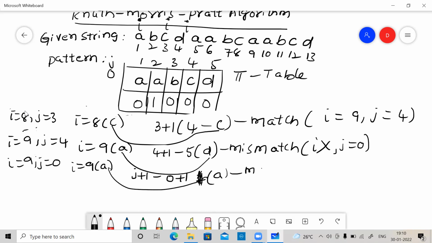Match. Match means we'll be having the value. Both are same. Increment I. Increment I means we'll be getting I is equal to 10 and J is equal to, previous value of J was 0, now it is 1.